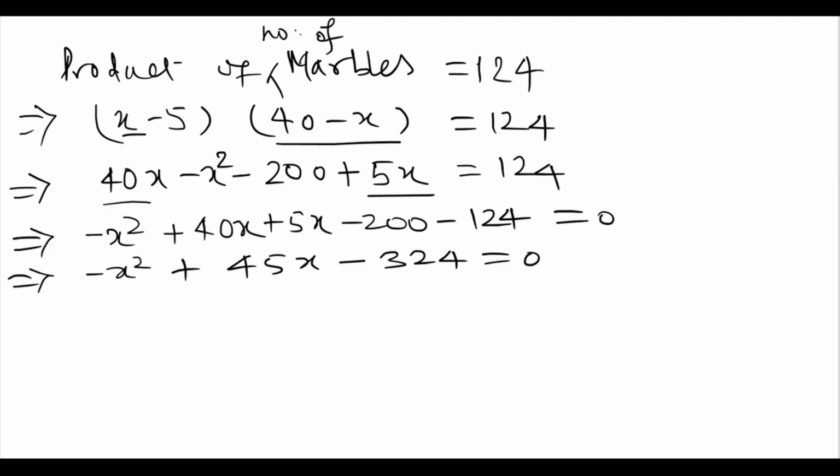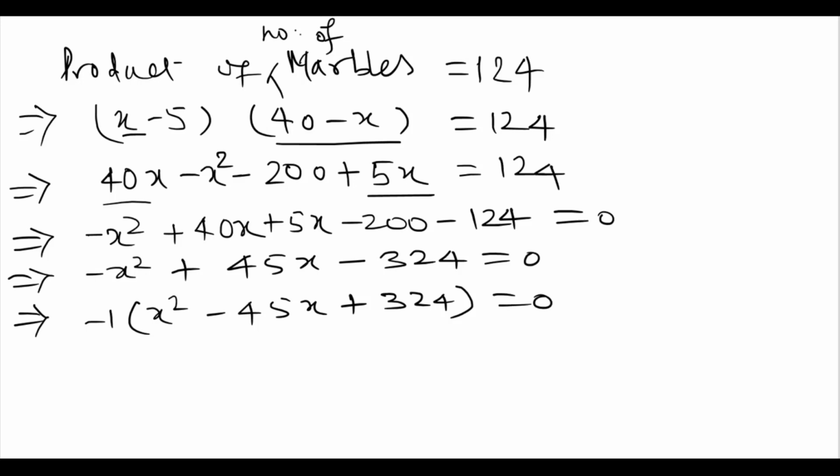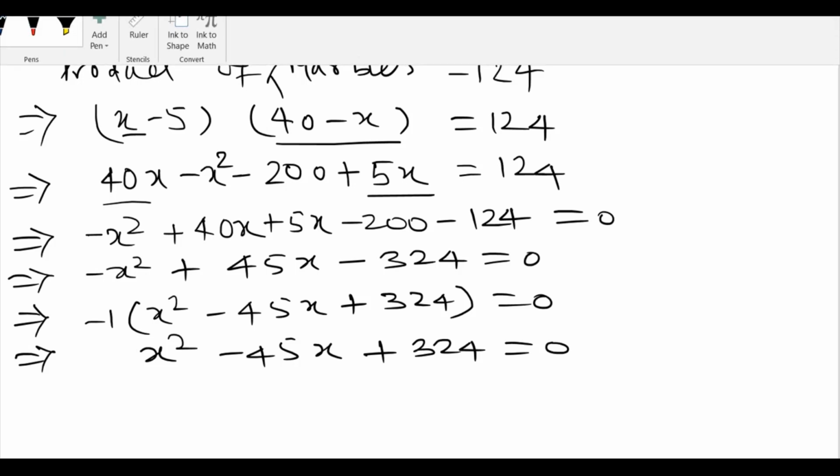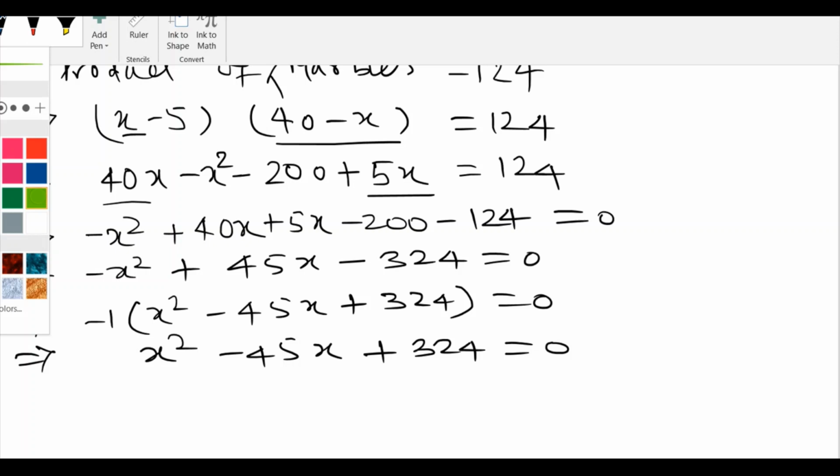So what you see? Almost quadratic form, right? What almost? It's completely quadratic form. So you can take minus 1 as common, x square minus 45x plus 324 is equal to 0, right? This becomes the quadratic form.